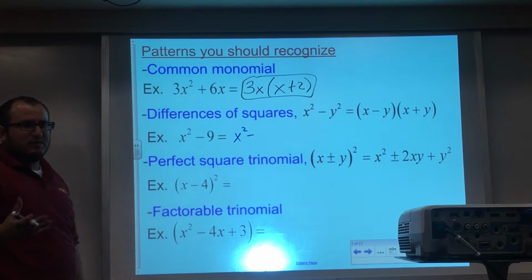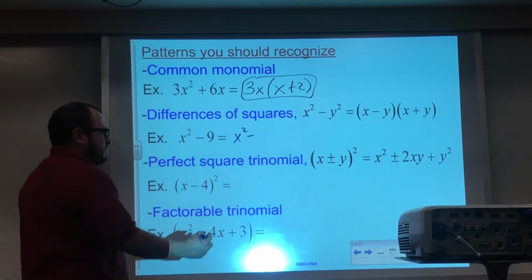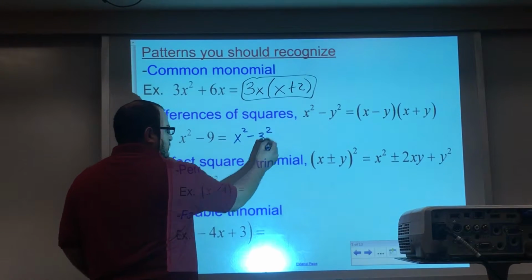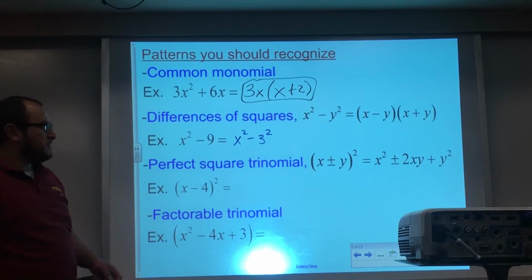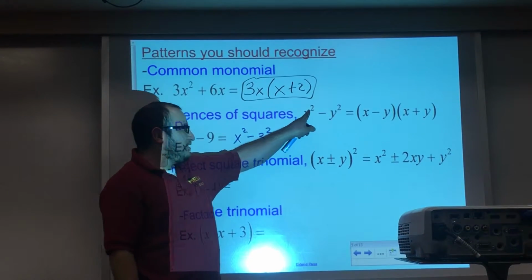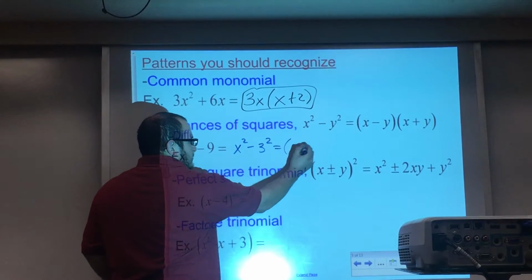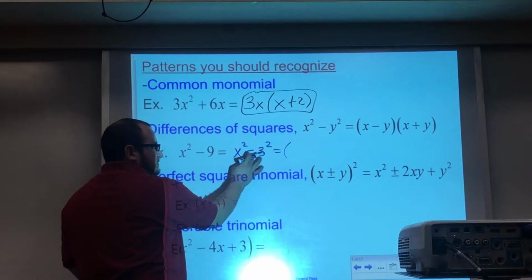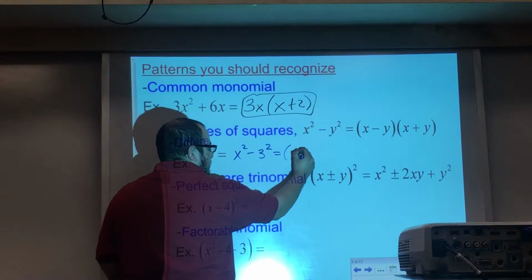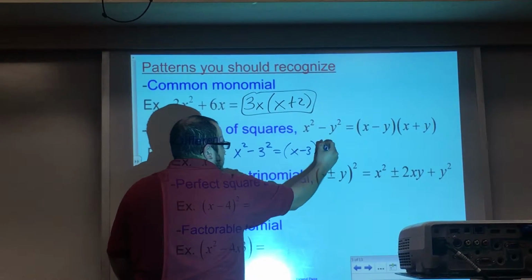What number times itself gives you 9? The same number. Well, that's 3. And if you notice, x squared minus 3 squared looks like our formula. Now we can plug it in. So my answer is x minus y, which in this case is 3, and then x plus y.